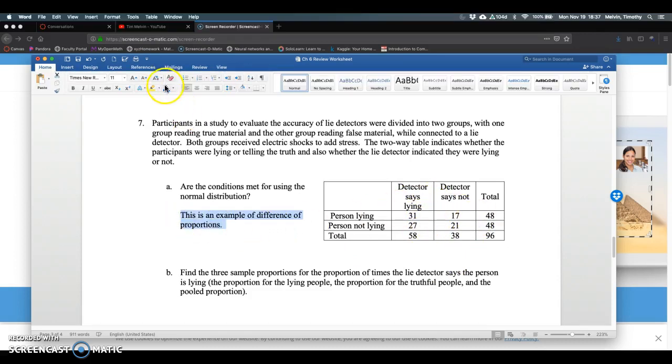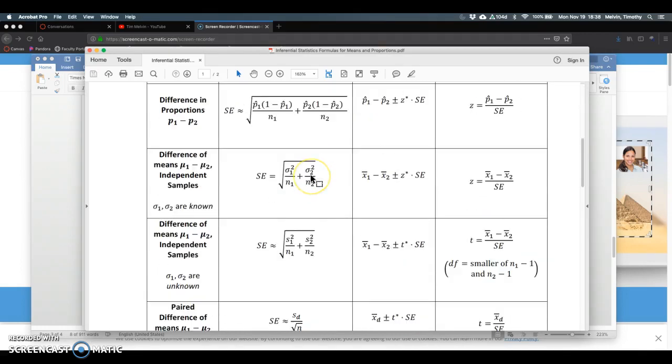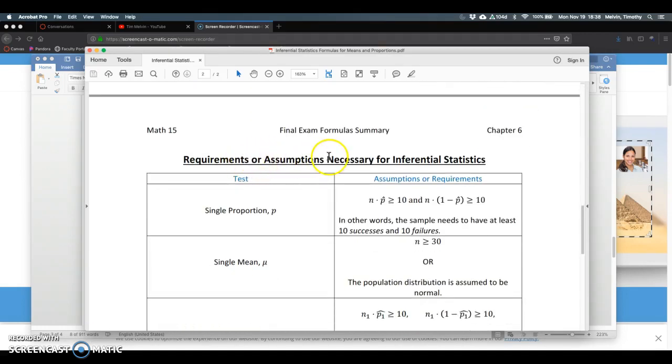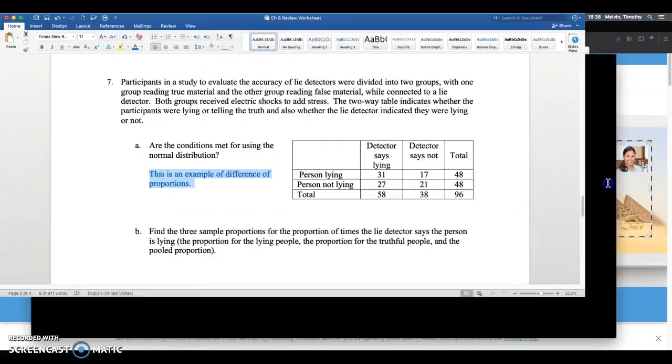I'm going to open up the inferential statistics formulas for means and proportions, and go to the second page, requirements or assumptions necessary for difference in proportions. We have formulas here, but essentially it means both samples need to have at least 10 successes and 10 failures.